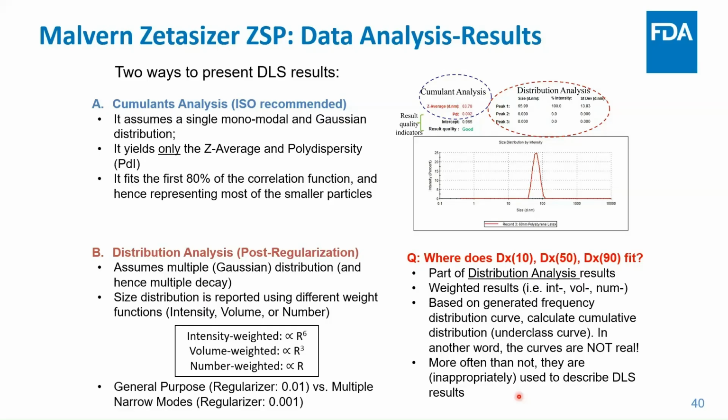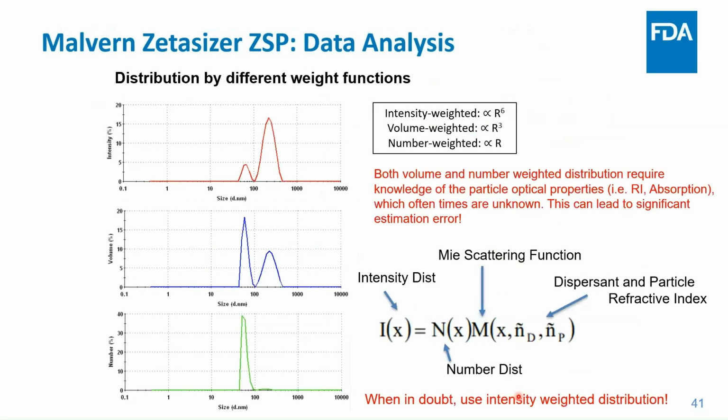So I'm going to move on just a little bit here. As I said before, the conversion from intensity to volume to number involves a very intense Mie scattering function that has multiple parts to go from the measured intensity distribution here to the number distribution or volume distribution, and it assumes a spherical volume.